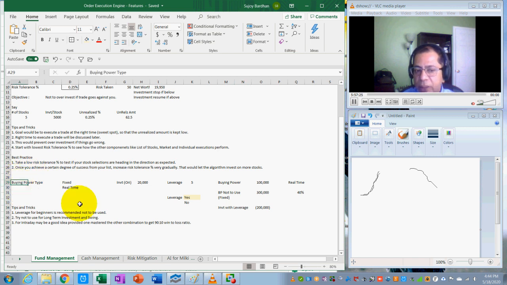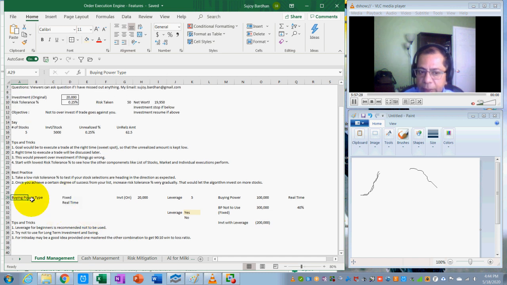What the algorithm is doing is it is telling you that you have two types of buying power. One could be the fixed and the real time. So if you're looking into the fixed, that means $20,000 was your fixed amount.